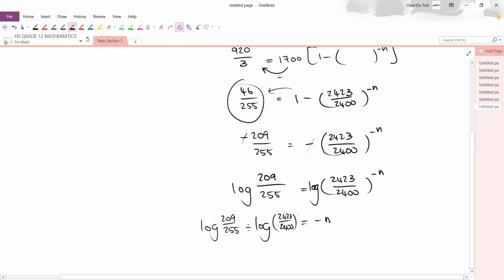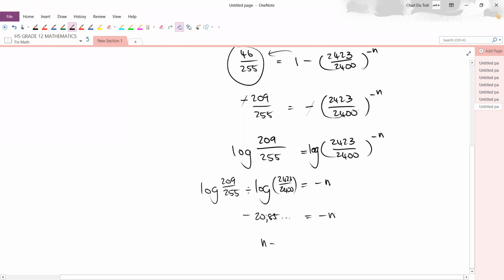Log that 209 over 255 divided with log 2423 over 2400. Close the bracket. So this is negative 20,85 whatever equals negative n. So n is 21 months.